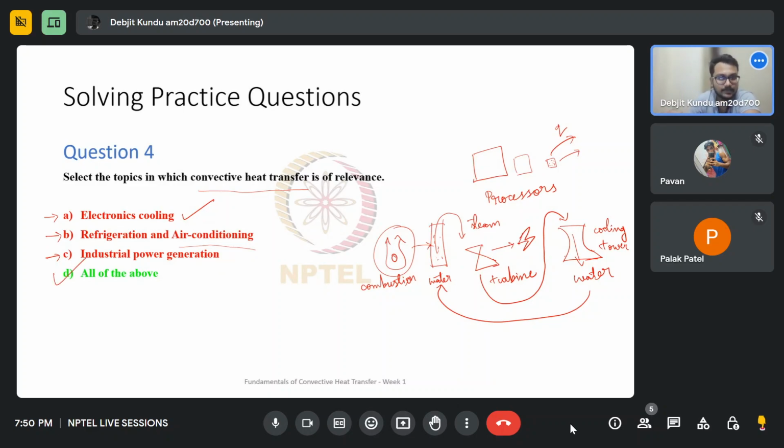Okay, anything anyone would like to add on top of this? Please feel free to go ahead. Is everything clear? Do you have any questions or any remarks to make? Is there any other topic where convective heat transfer might be of relevance that you can think of? Apart from these three, what other topics are there where convective heat transfer is important?